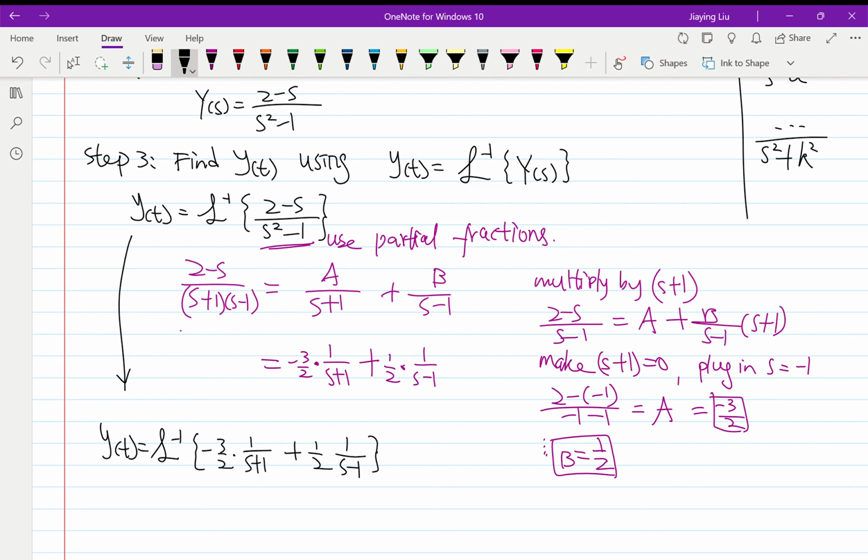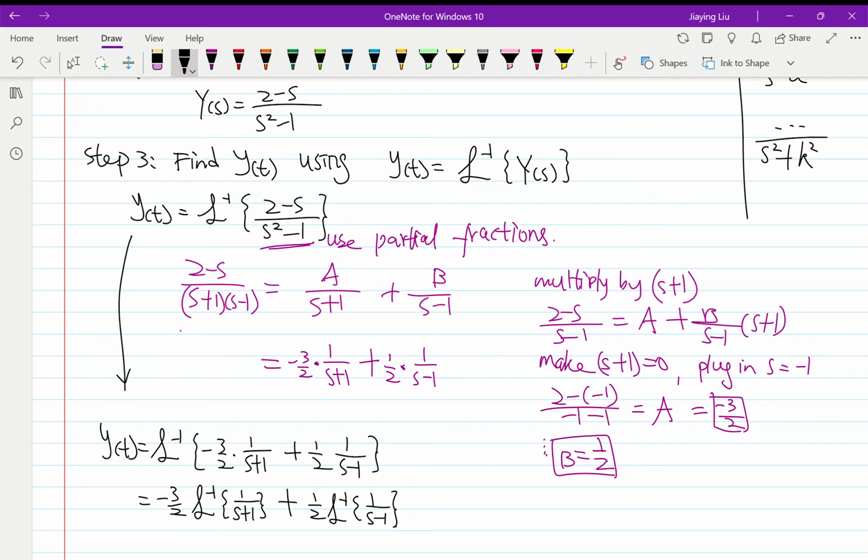And I can take the inverse Laplace of each one of them, and also pull out the coefficients. So that's going to be negative 3/2 inverse Laplace of 1 over s plus 1 plus 1/2 inverse Laplace of 1 over s minus 1.